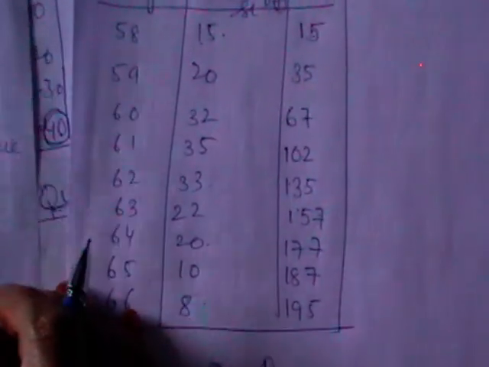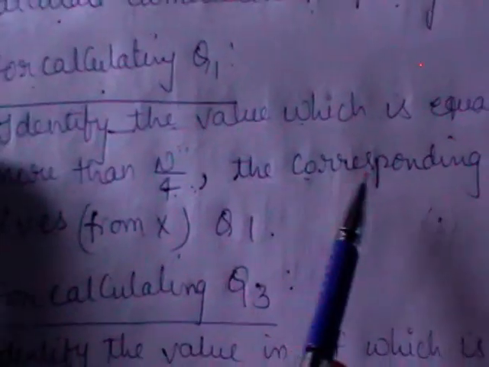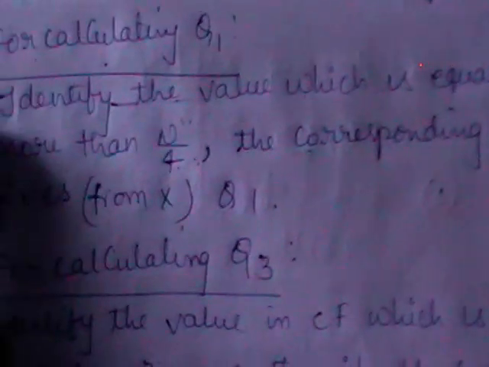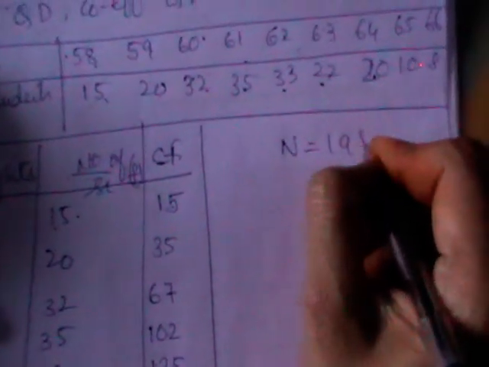After calculating this, to calculate Q1, what is the step you should follow? First you calculate the cumulative frequency, then identify the value which is equal to N by 4, and the corresponding value from X gives Q1. What is N here? Capital N is nothing but 195. The total of the observations is always the last value in CF.